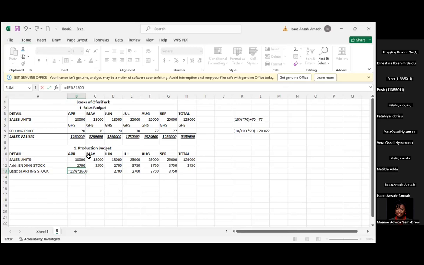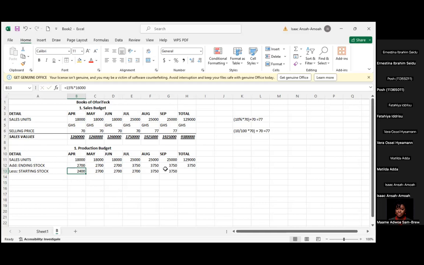Someone will ask, where did we get the 2,400? If you're not paying attention, you would come back to ask, where did we get the 2,400? But we've computed it. Ending stock of March will become the starting stock of April, and March's planned sale was given to us to generate this figure.